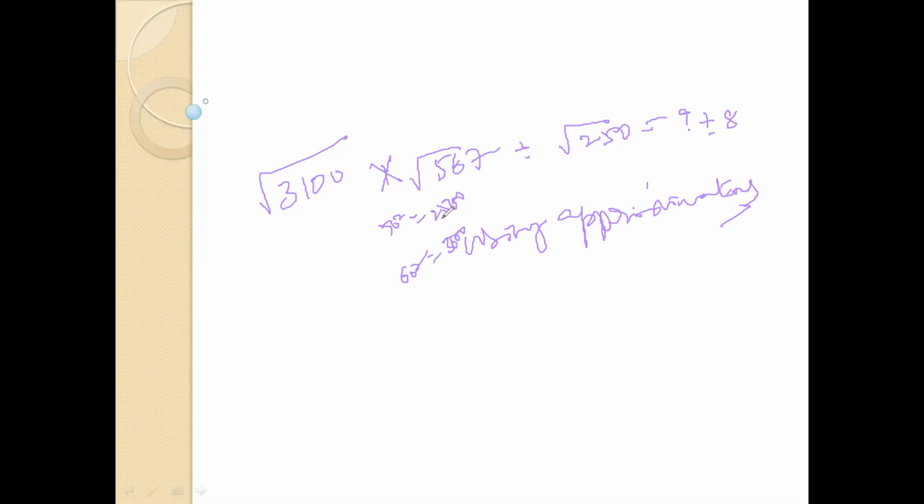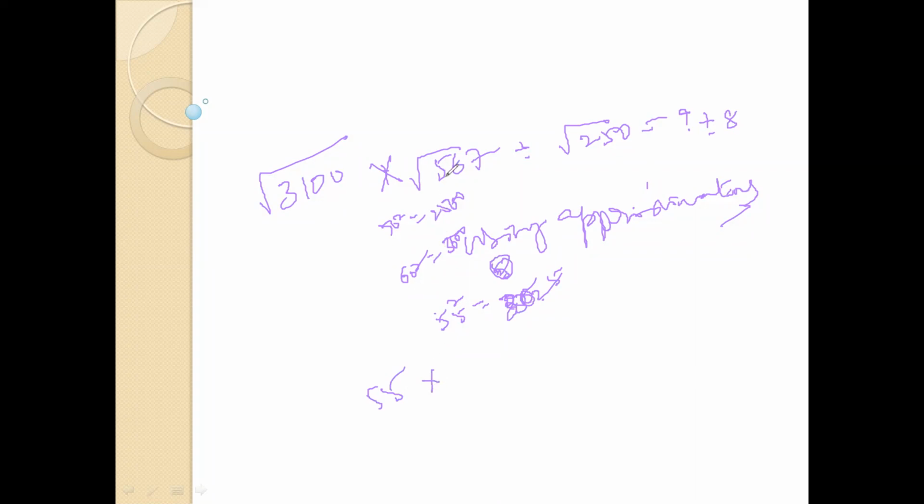The nearer value is 55 square, which is 3025. So 3025 is the nearer one, and we take 55.